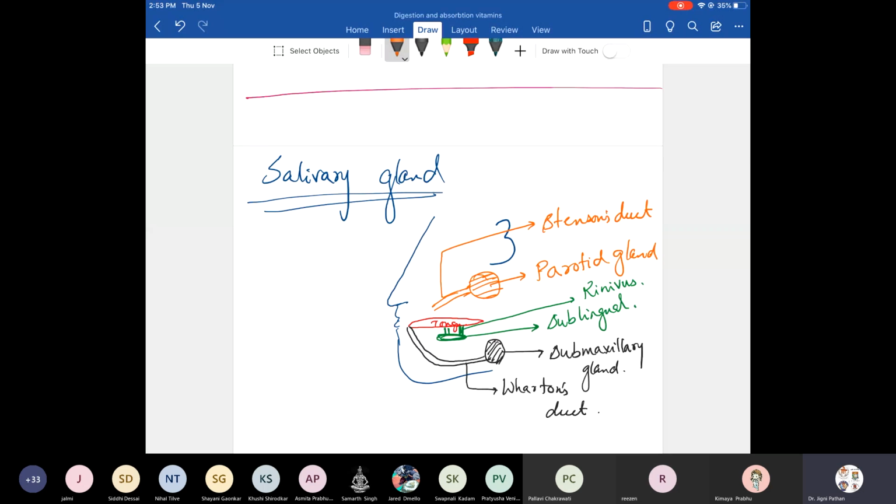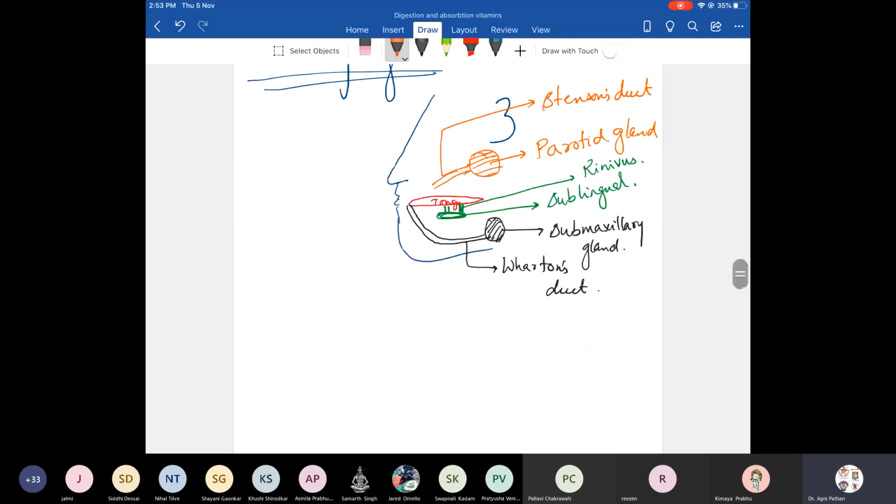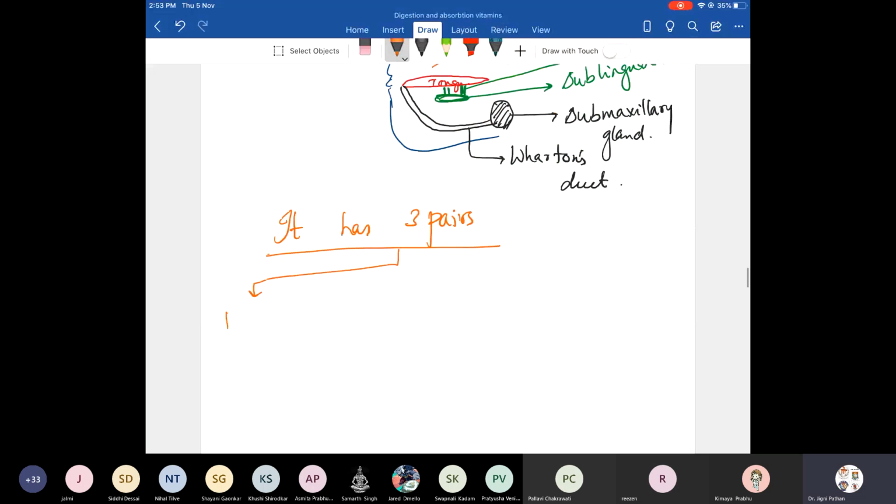Now, let us write down. It has 3 pairs of glands. The first one is the parotid salivary gland.